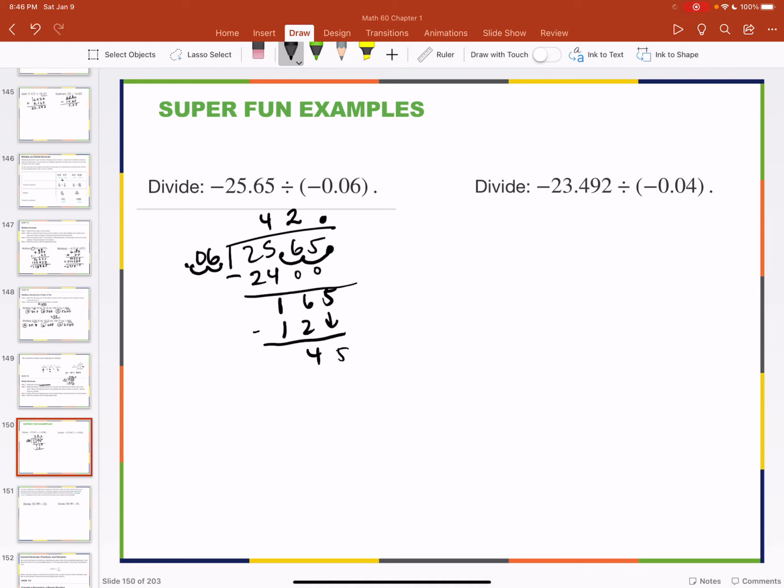How many times does 6 go into 45? At least 7 times, because 6 times 7 is 42. When we subtract, that's a 3. We can bring a 0 down. 6 goes into 30 five times because 6 times 5 is 30. So your answer is 427.5.